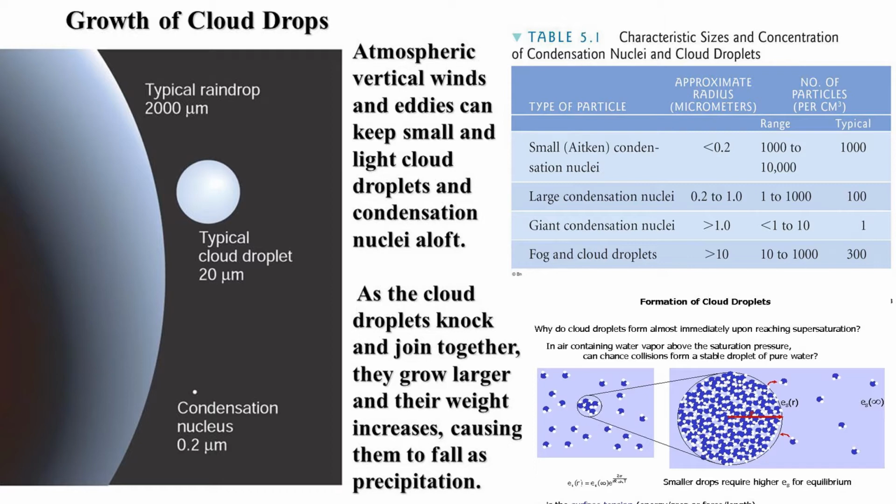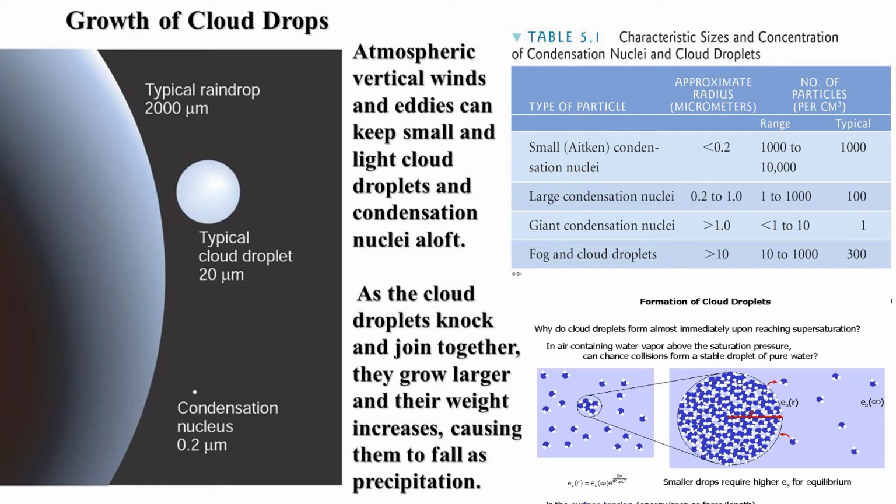If a cloud droplet is in equilibrium, which means that the size of the droplet does not change, the water molecules condensing onto the droplet are exactly balanced by those molecules evaporating from it. So it is an equilibrium situation. Consider a cloud droplet in equilibrium with its environment.